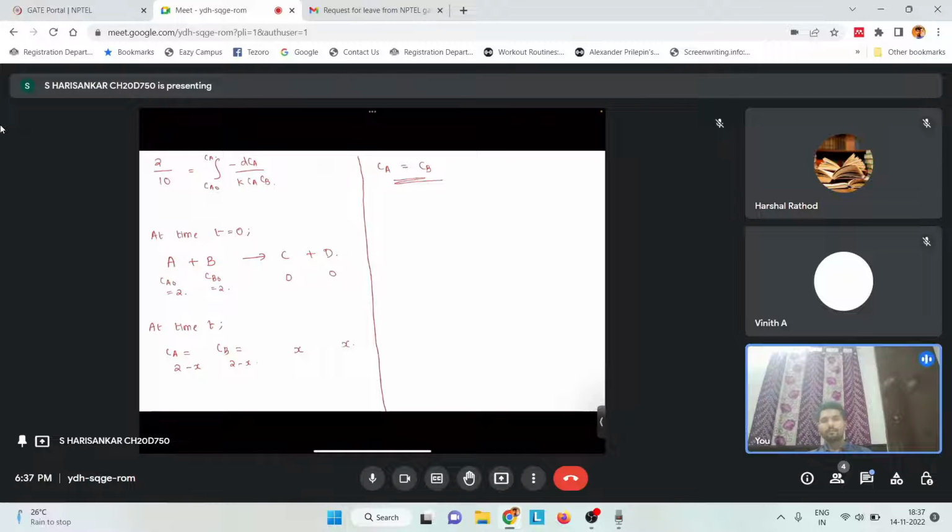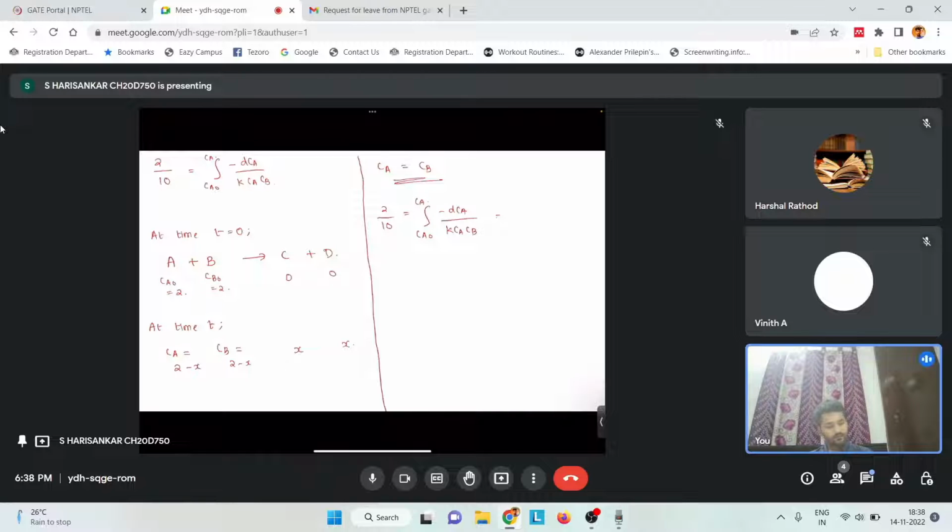So we can substitute this concept into our design equation. In our design equation, we had 2 by 10 is equal to integral Ca0 to Ca minus dCA by kCACB. We can write the CACB as CA square itself, because CB is equal to CA as we have established so far.